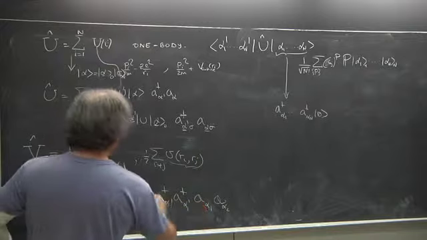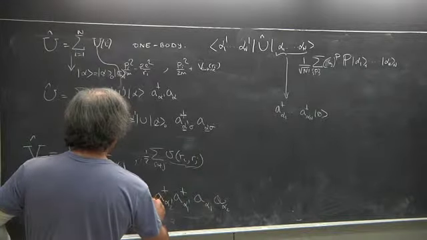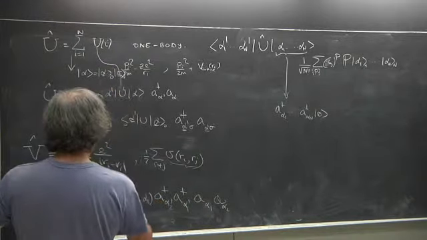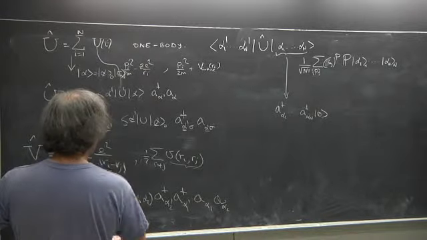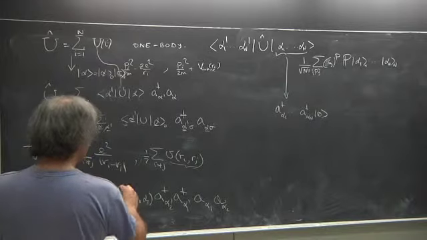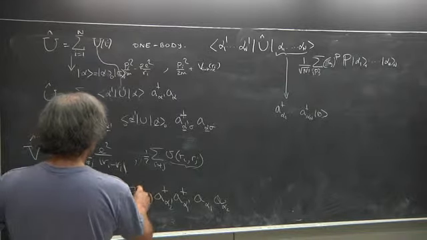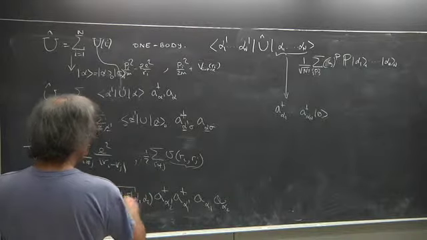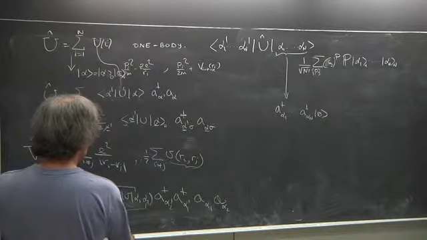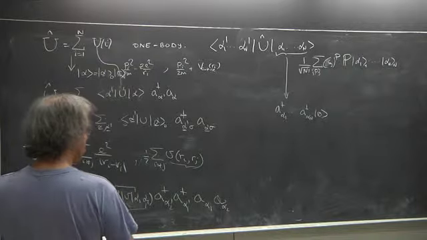In between the state alpha 1, alpha 2 on the right, and alpha 1 prime, alpha 2 prime on the left, where by definition, and this has to be very carefully considered, the index 1 here is related to the same particle, and here the index 2 is related to the same particle, okay?